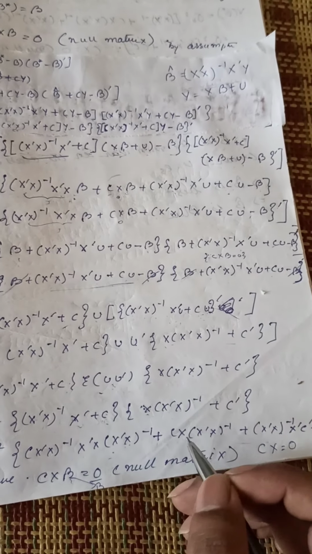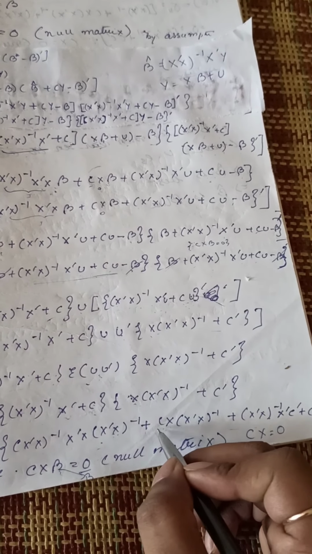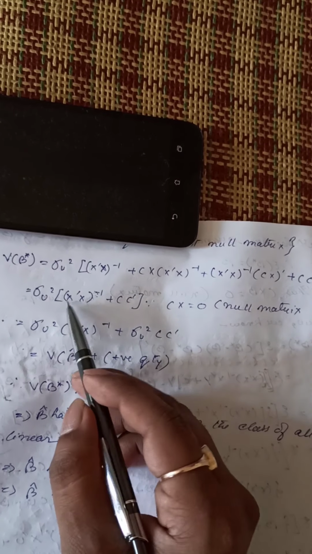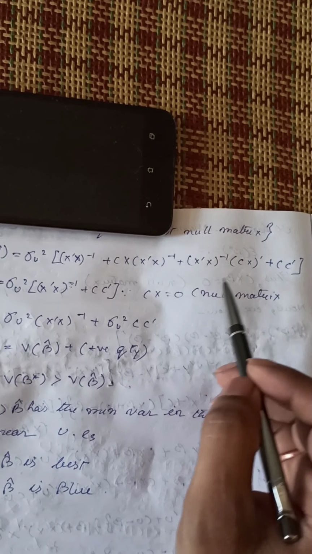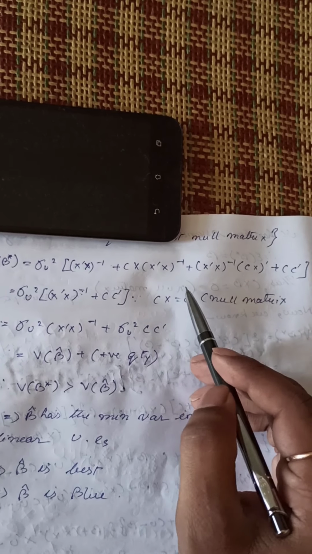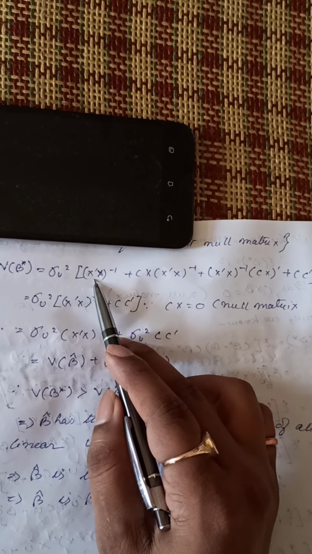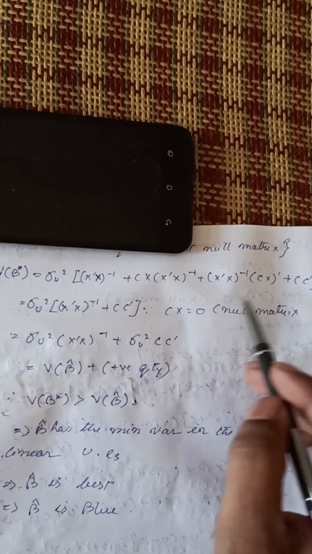Now in the next step, we will put 0 in the place of cx over here. That's what we have done. In the next step, we have substituted the value of cx equal to 0 over here also, and thus we are left with only x transpose x inverse and c into c transpose.